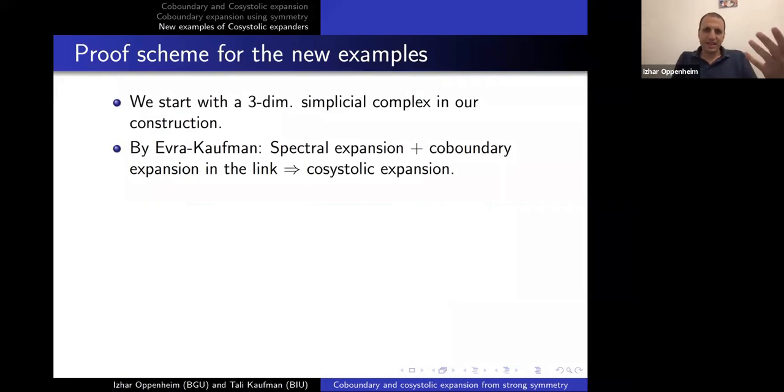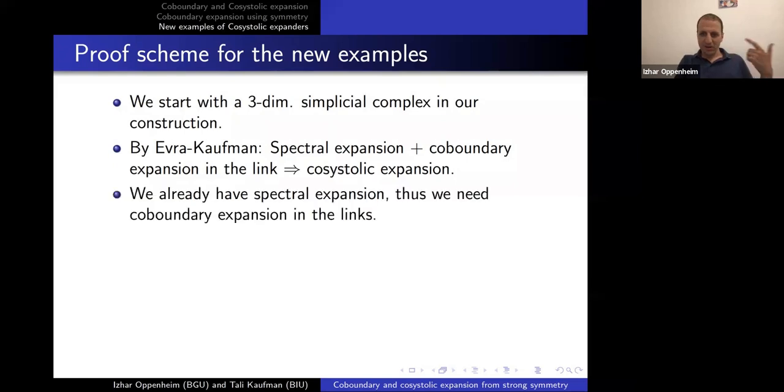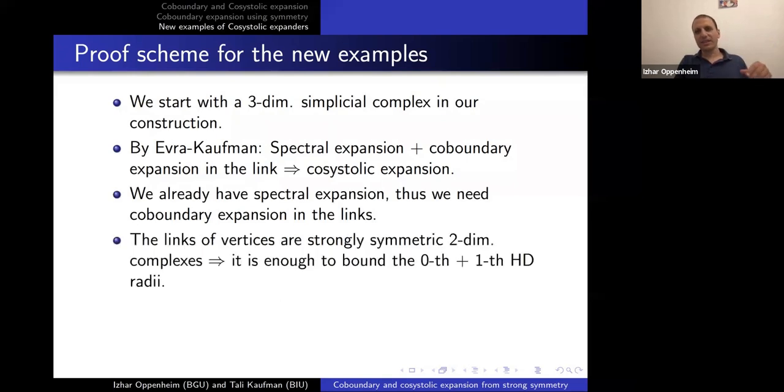And that's what I describe here. So that's the last slide. You start with a three-dimensional complex in our construction. Oppenheim and Kaufman tell you that you need spectral expansion, which we already know, and coboundary expansion in the links of vertices, and then you get cosystolic expansion. The links are strongly symmetric, so we need to bound the high-dimensional radii.